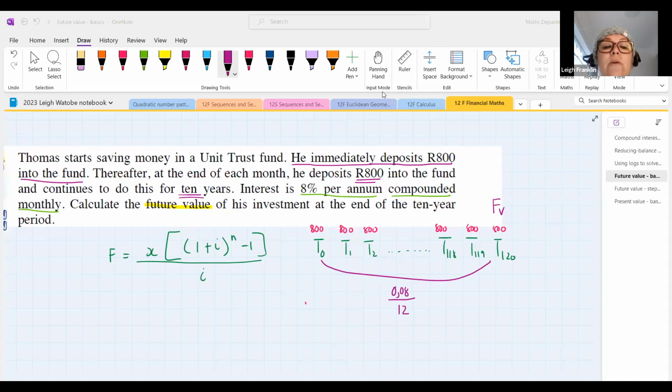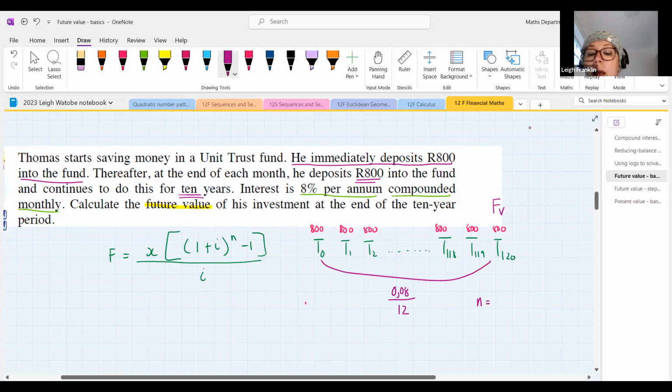Who asked me that? Hang on, let's go back and have a look. So Lesego, this is the reason why, because he is depositing money every month in a year. So that's 12 times in a year for 10 years. Okay.